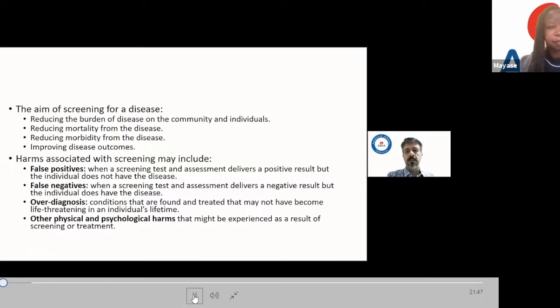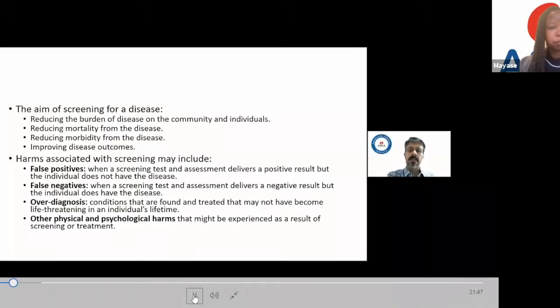False negative results can also occur. So this is when a patient does have a disease, but the screening test says that they don't. And that would lead to a misdiagnosis and potentially the patient not having early intervention and then presenting with complications from that disease which may have been preventable.